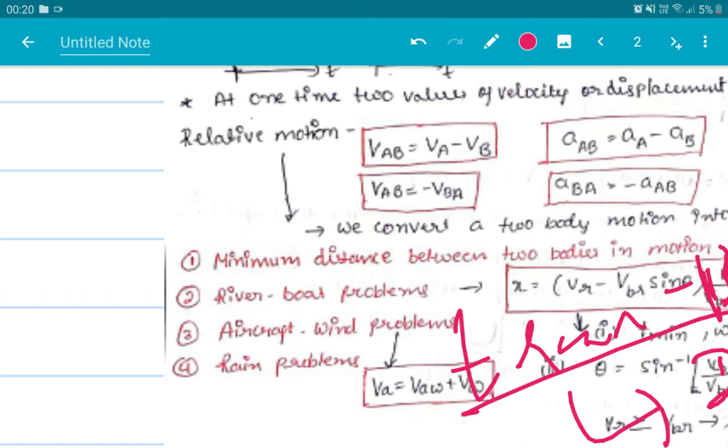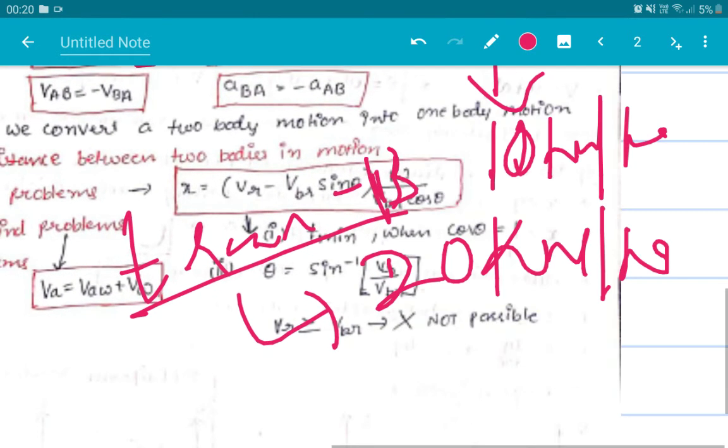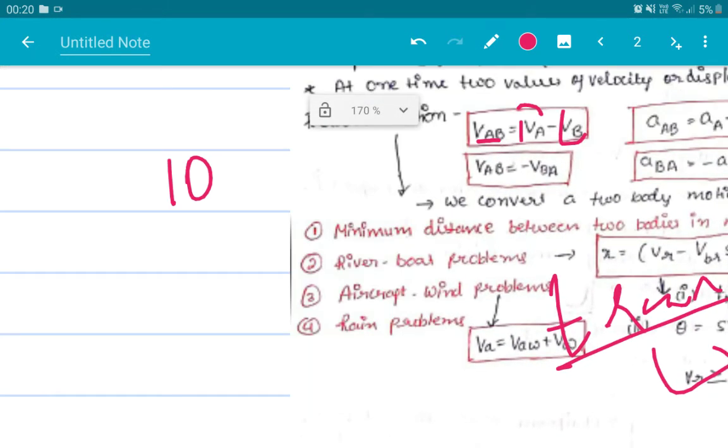So VAB here, first, there is a trick here. Here A comes first, meaning here AB, right? B, right? So that means we are relating A with respect to B. A is moving with 10 and B is moving with something like 20 kilometers per hour.